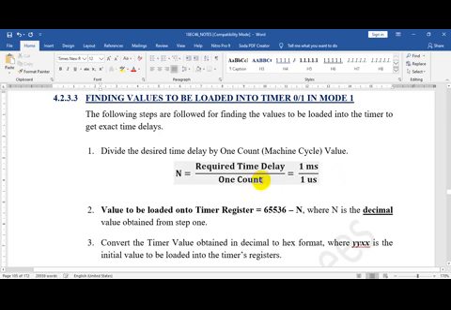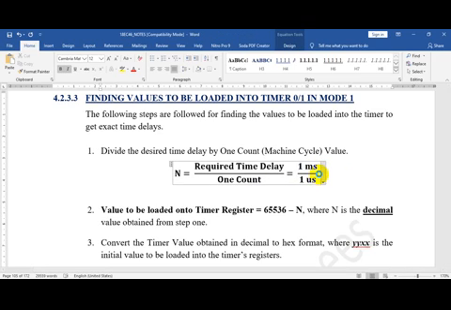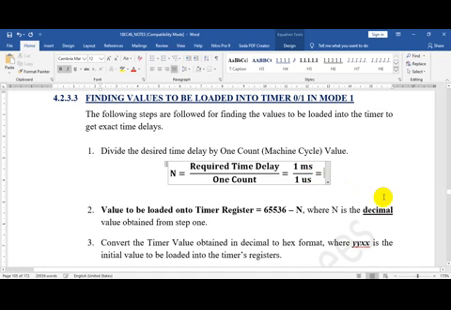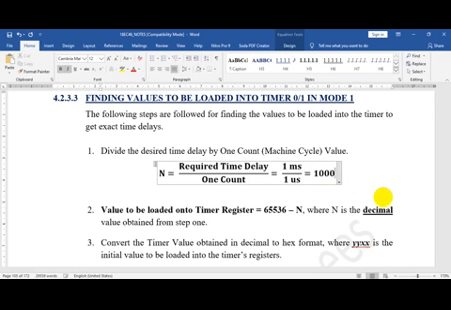Suppose you have connected a 12 megahertz crystal. So 12 megahertz divided by 12 is 1 megahertz, and 1 upon 1 megahertz gives you 1 microsecond. So what will be the value of n here? 1 millisecond by 1 microsecond will be 1000. This is the first step.